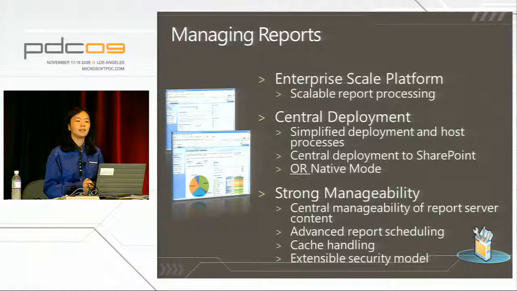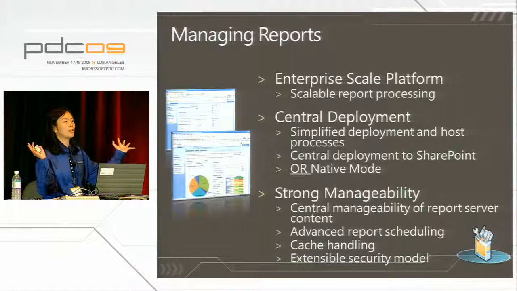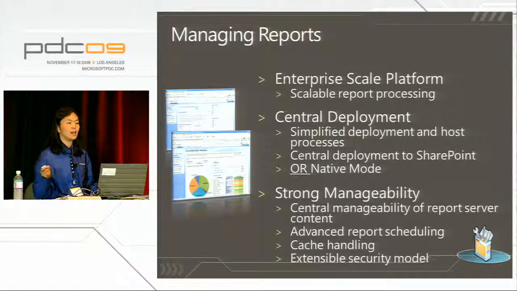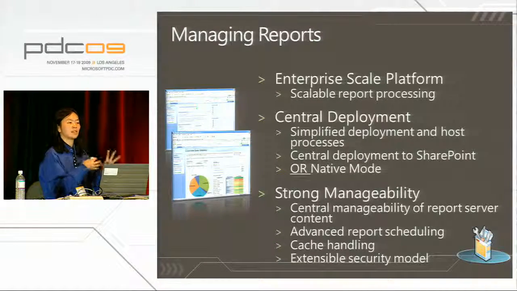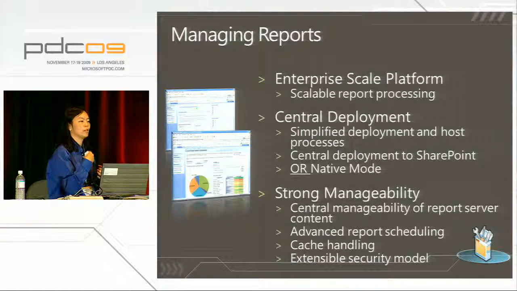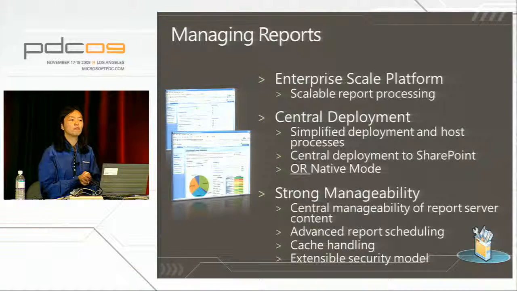But in 2008, we do the data query to make sure that you have a consistent view of the data, and then we only process the grouping and the calculation for page one, and give you back page one. What it means is that if you have a 500-page report and you only want to view the first few pages, we only do the calculation and processing for the first few pages. As a result, it improved the scalability on the servers drastically.